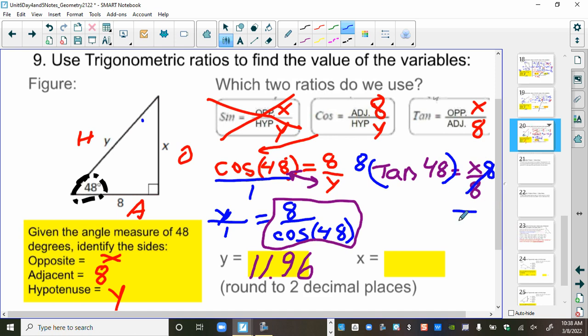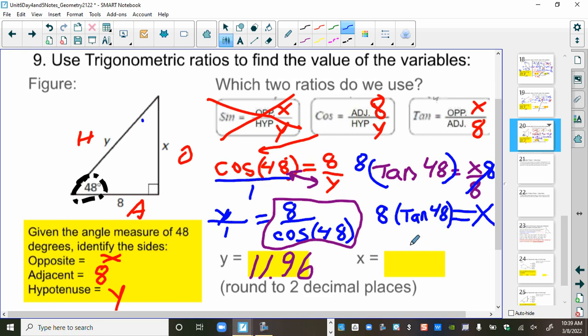So you're just left with 8 times tangent of 48. Then just multiply 8 times tangent of 48, and you should get your result.